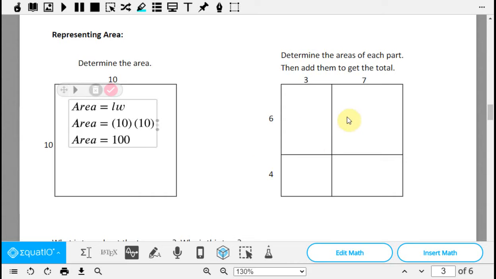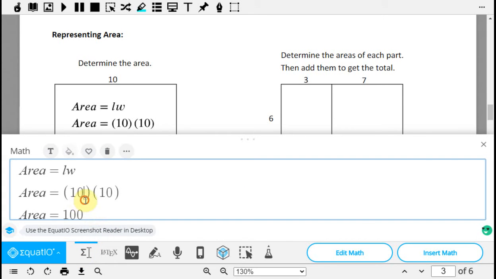In this graph, I will need to do the area a few times. So looking at this first square, that area is 6 times 3. That equals 18.